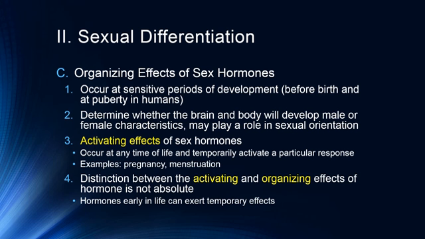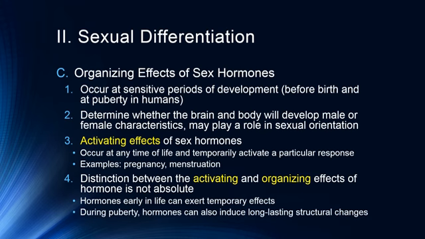We know that hormones early in life can exert temporary effects versus long-term effects. But it's important to keep in mind that there are both activating and organizing effects of hormones, because during puberty, hormones can induce long-lasting structural changes. Of course, this is where we start to get development of secondary sex characteristics, etc.